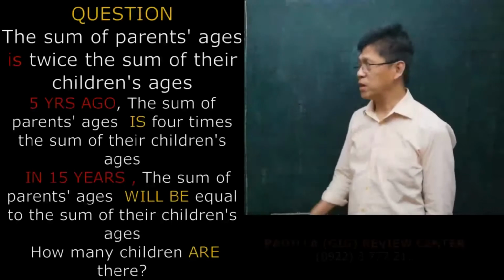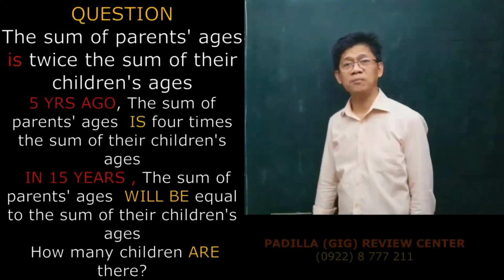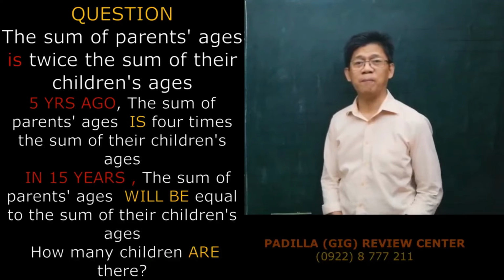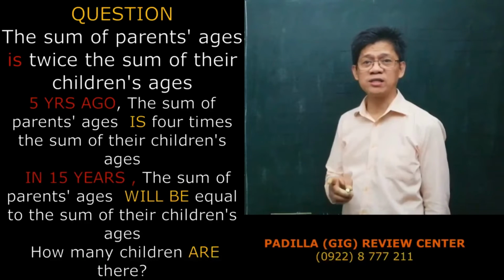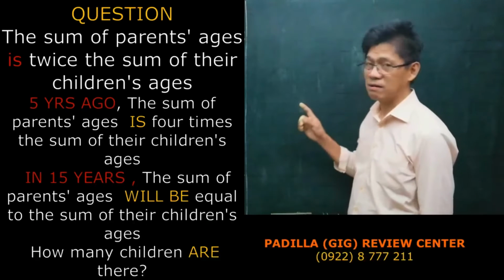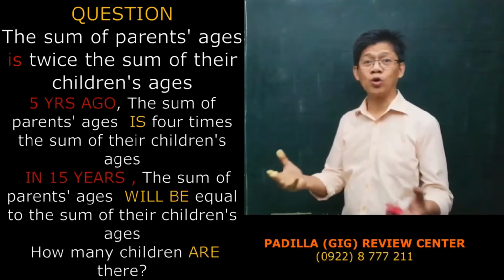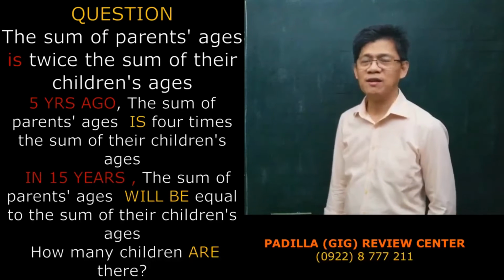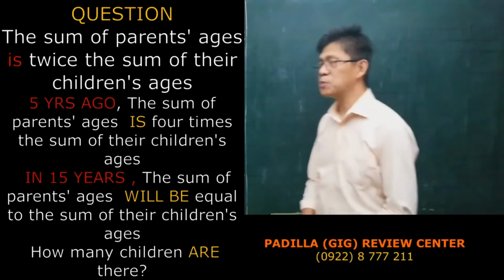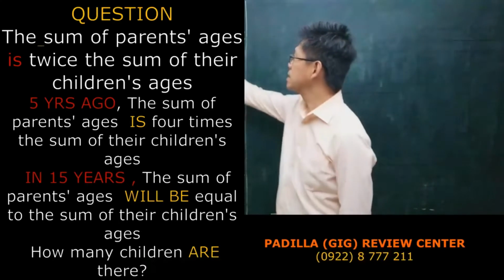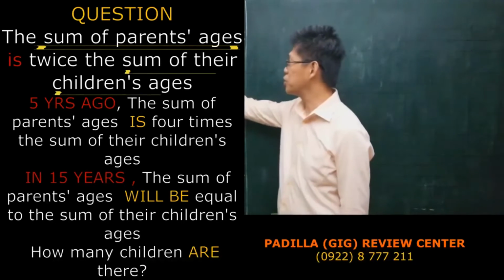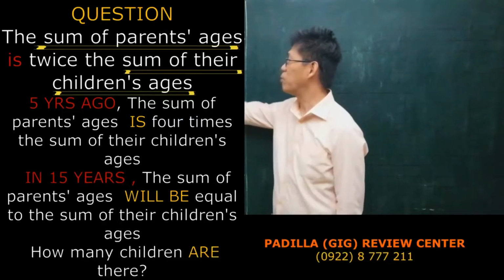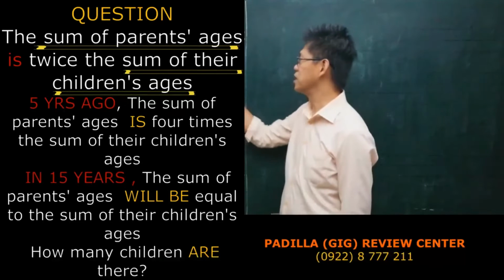Another type of problem encountered in the board exam is the sum of ages problem. We are not talking here of individuals' ages, but rather the sum of a group of individuals. For example, in this problem, we talk of the sum of parents' ages versus the sum of their children's ages.